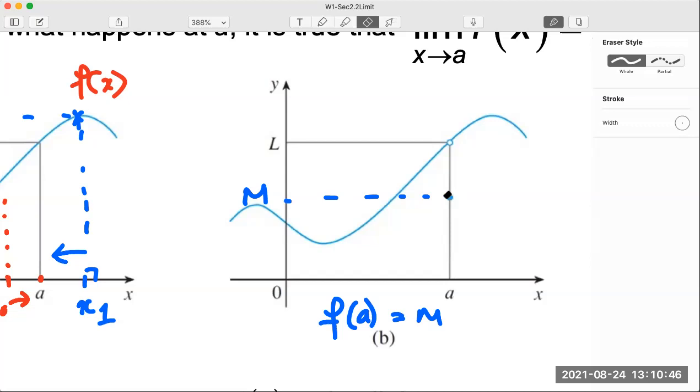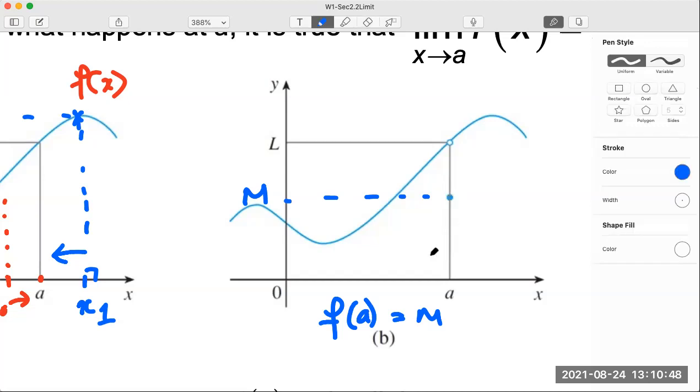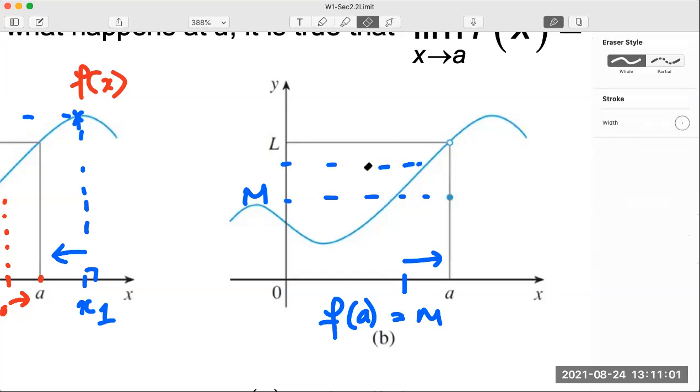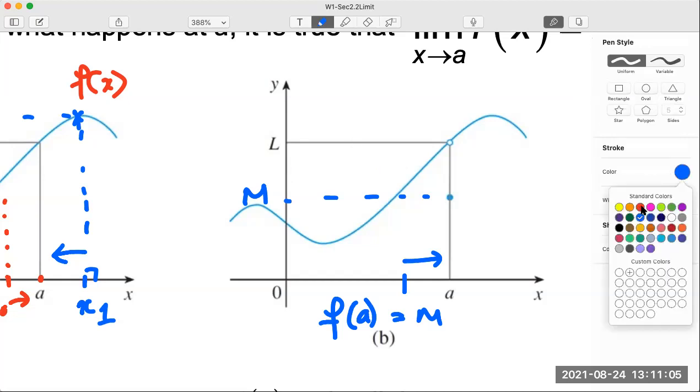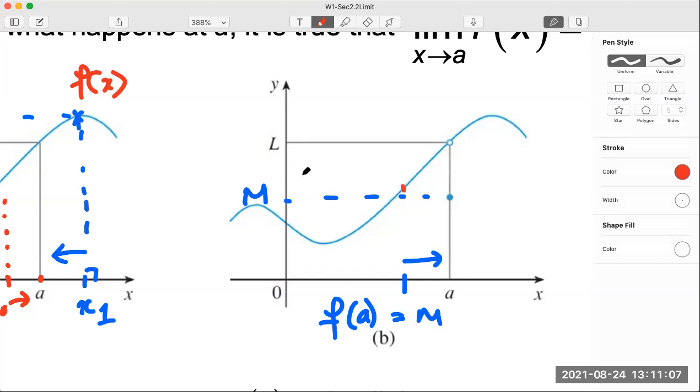And it is defined at this point. But we see that when x approaches a from the left-hand side, f of x approaches this point here, right? It will go to this and approach this value of L in the y direction.